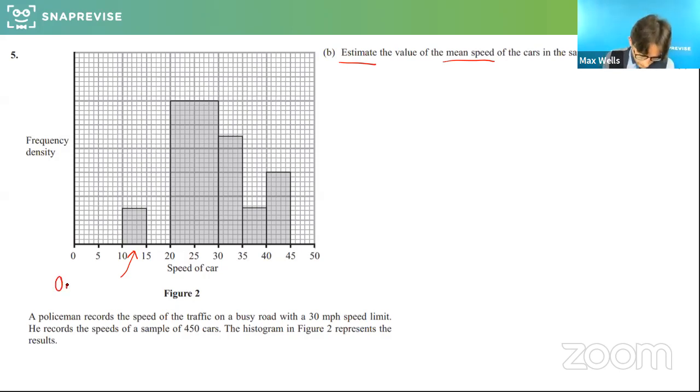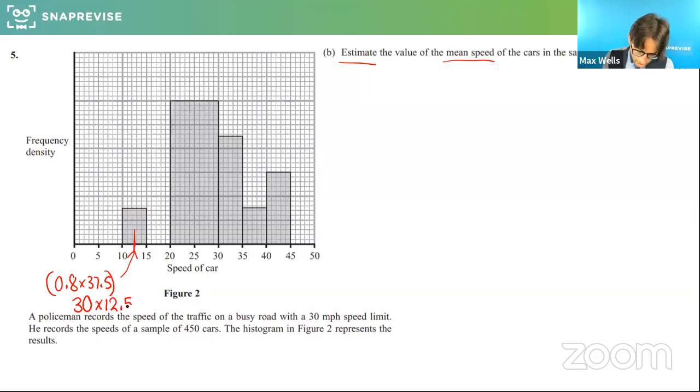So if I do 0.8 times 37.5, I can go on and do that for everything to find the actual amounts for each of these bars. That would be 30 cars. And then I multiply that by their average. So the average speed of this is actually 12.5.